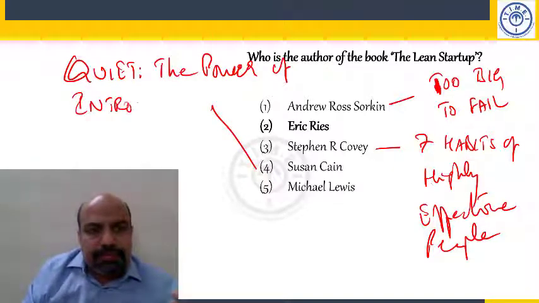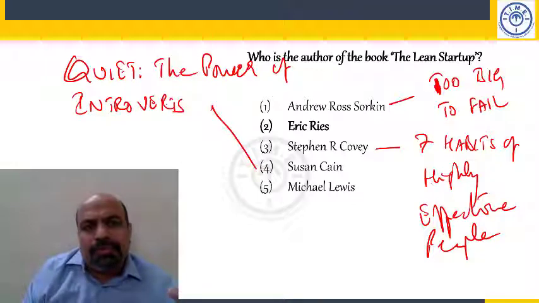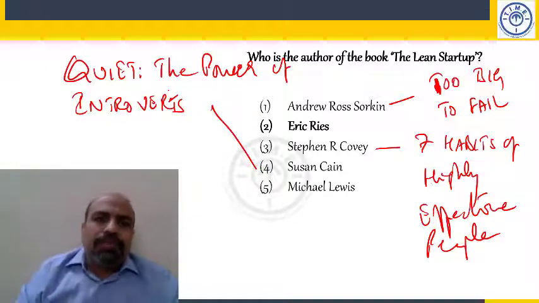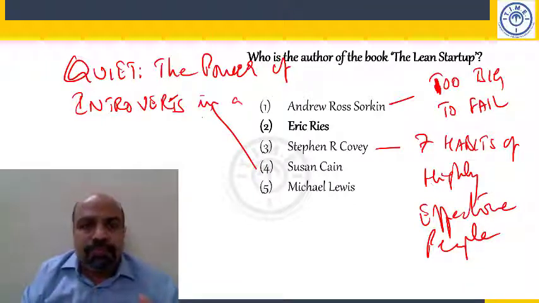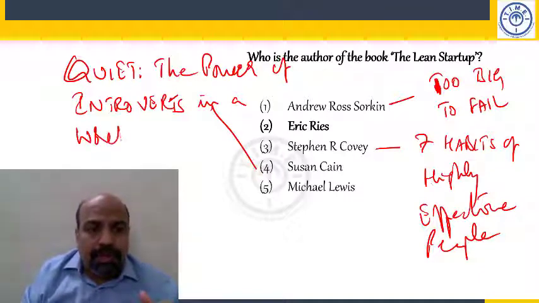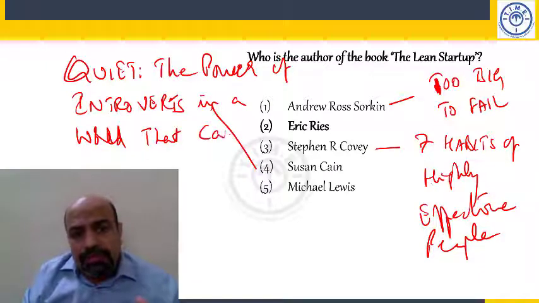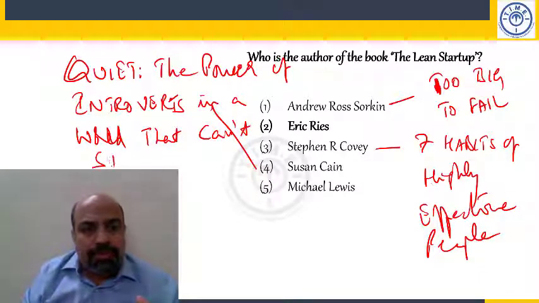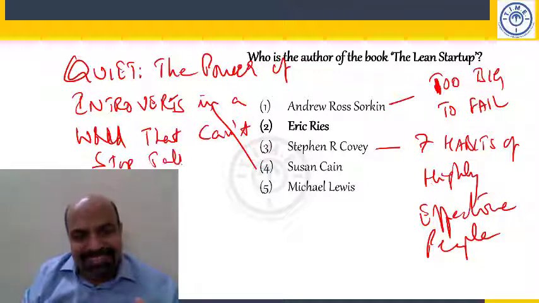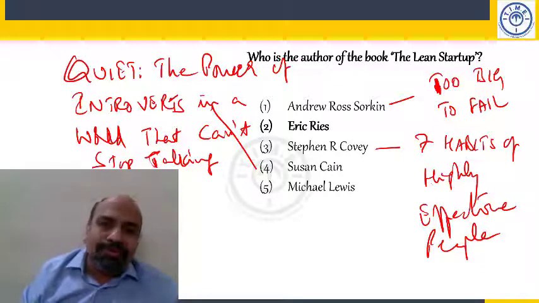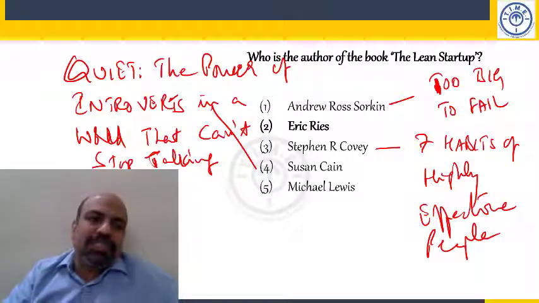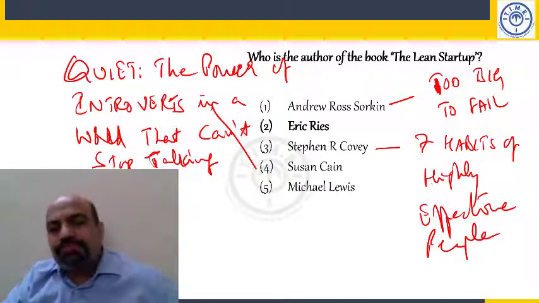Very long title. Introvert is a person who doesn't open up very fast. When I first read that, I haven't read the book, but when I read the title, I was like, whoa. Quiet. The power of introverts in a world that can't stop talking.